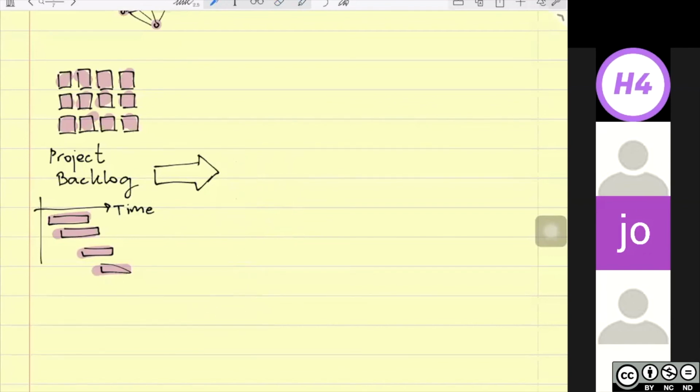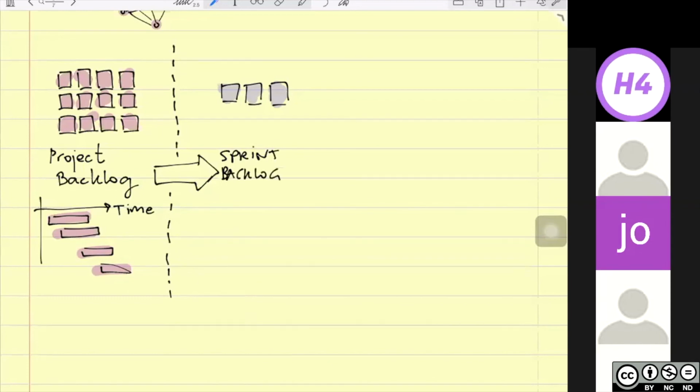So once you have the backlog, okay? The project backlog is a bunch of activities that are ordered in time. You can have then the sprint backlog, which is sort of a chain of thought of activities that need to be done next. Okay, sprint backlog.